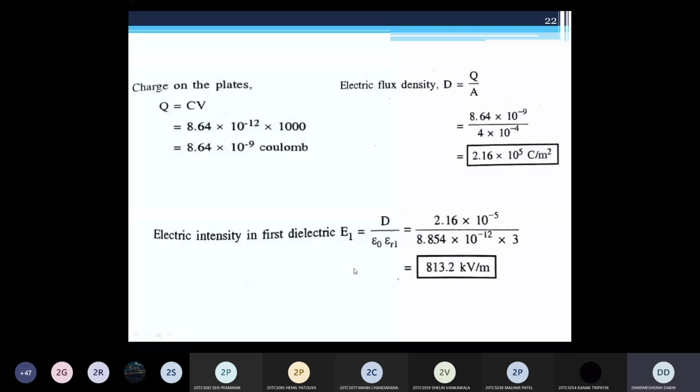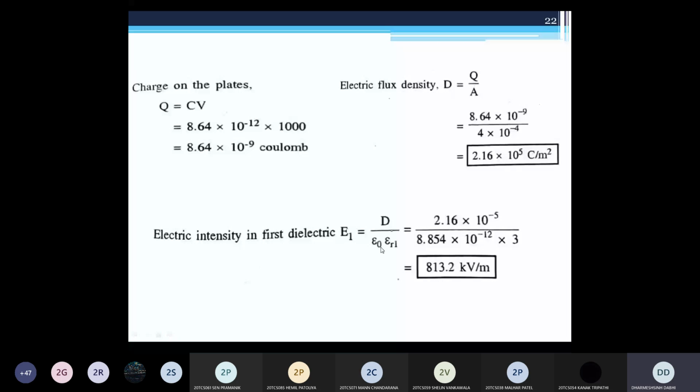Same way you can calculate for the second medium. So E2 is equal to D upon epsilon 0 into epsilon R2. D remains the same for all the dielectric materials. Electric flux density remains the same for all the dielectric materials. Just changes what? Relative permittivity, ER1, ER2 and ER3. So same way calculate E2 and E3 for other 2 dielectric materials.